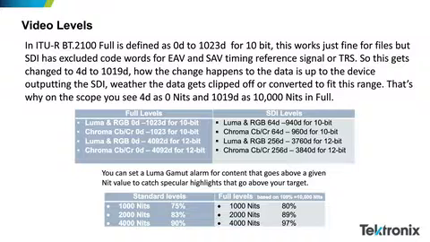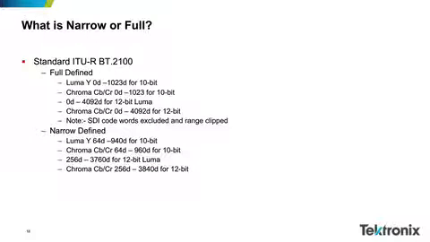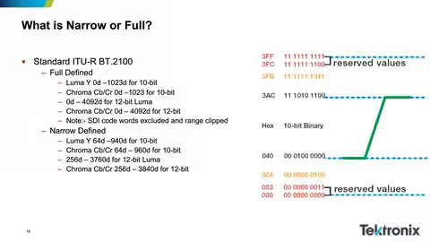So for narrow or full, narrow meaning SMPTE levels, full meaning full 10-bit within what we have to live with, there's the different levels here that you can see. For files, that would be changed then for different things for SDI based on the values that are set.